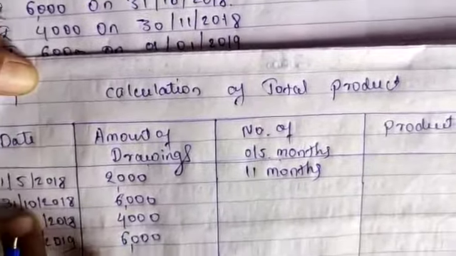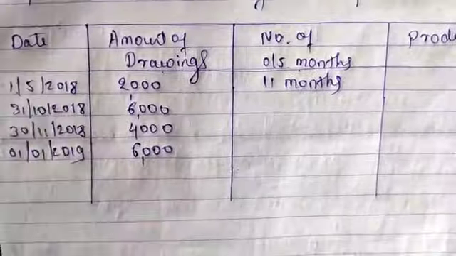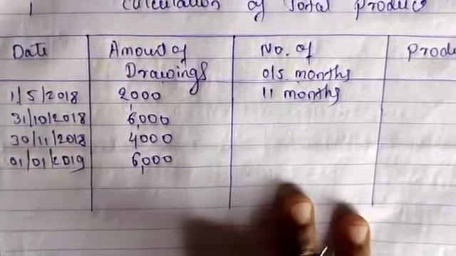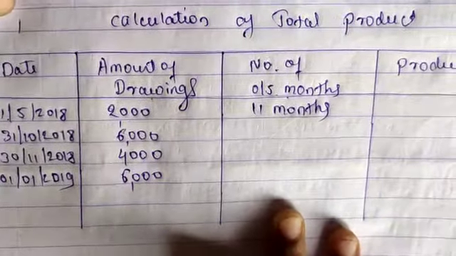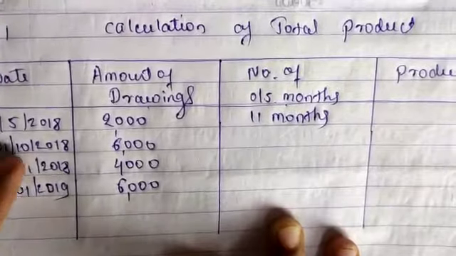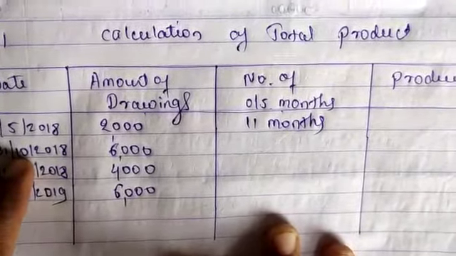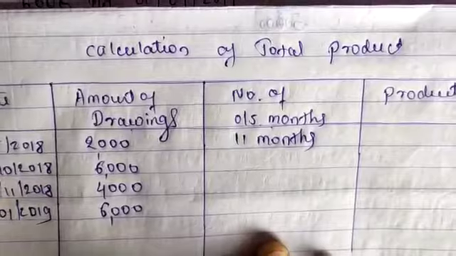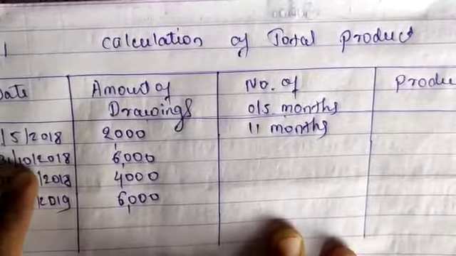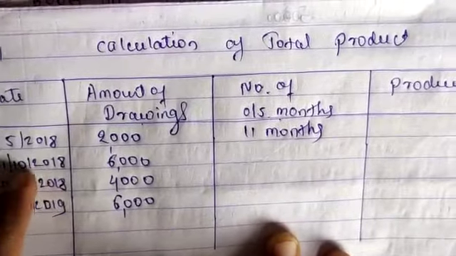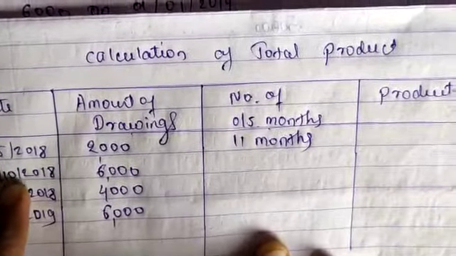Next, 31st/10 means on the last date of October. Last of October means you should not consider this October month, because this is the last date, not the 1st of October. So leave that month.